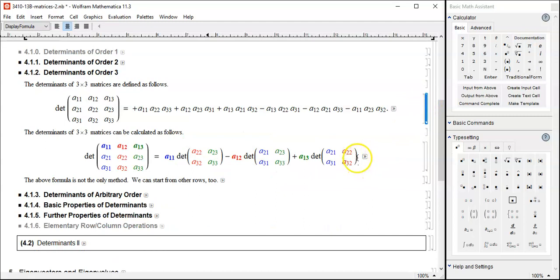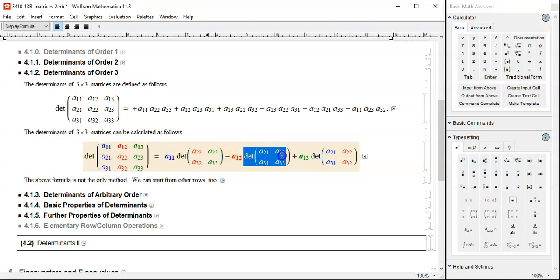Another way to write it is through a recursive definition. Concentrate upon the first row here, and then A11 times something, and A12 times something, A13 times something. For A11, now remove the first row and first column where A11 belongs, and what's left is 2x2, and take that determinant. And then we do the same thing here, A12, and this belongs to the first row and second column, so remove those.